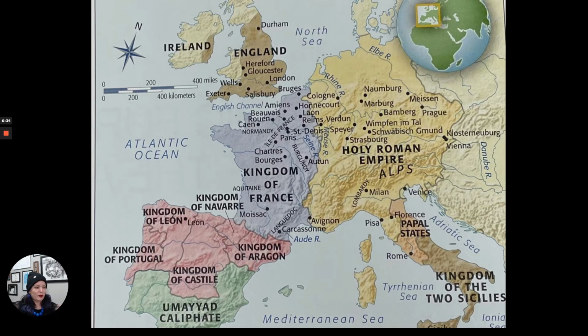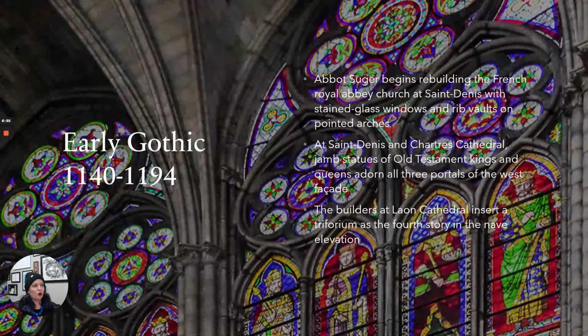We've talked about the Umayyad Caliphate before, so you're familiar with what's going on there. In the east we've got the Byzantine and then the Ottoman Turks coming in. We've talked a little about the Holy Roman Empire. It's Charlemagne, the Carolingians, and all those guys. We'll get into this a little more and look at what this looks like.